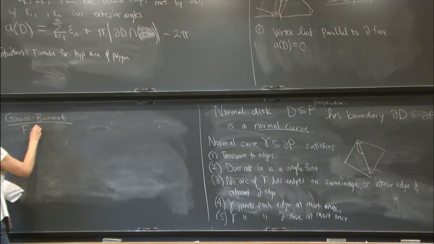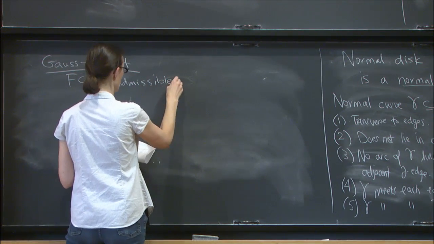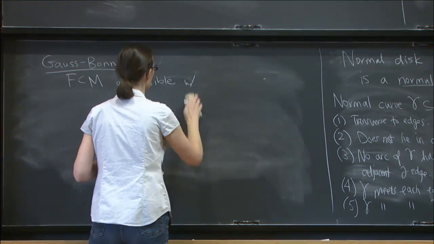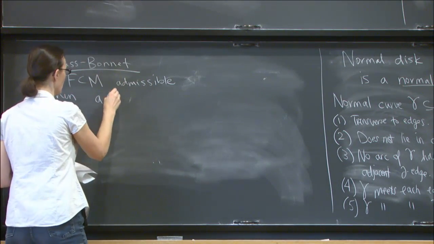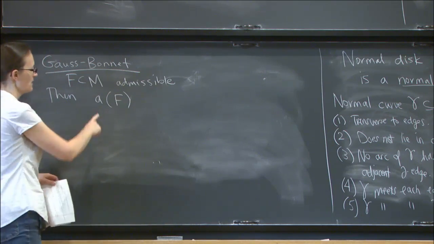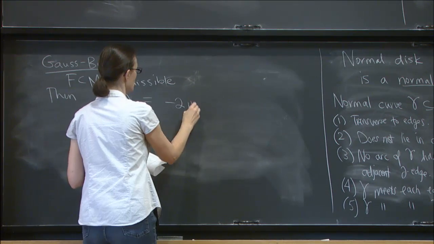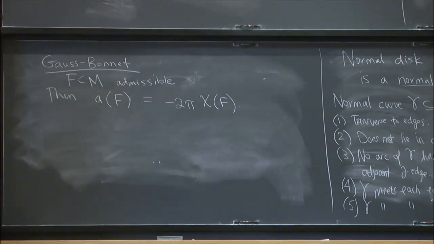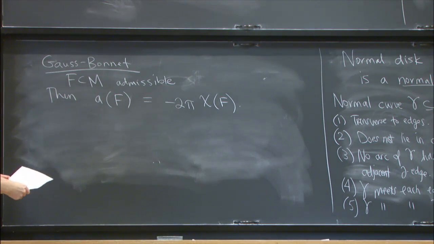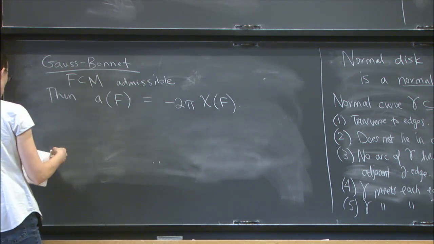If you have an admissible surface, then the combinatorial area of F, defined to be the sum of the areas over each disk, is going to be equal to negative 2 pi times the Euler characteristic of that surface. Okay, so as usual. Okay, but I also want to say something about lengths of slopes.